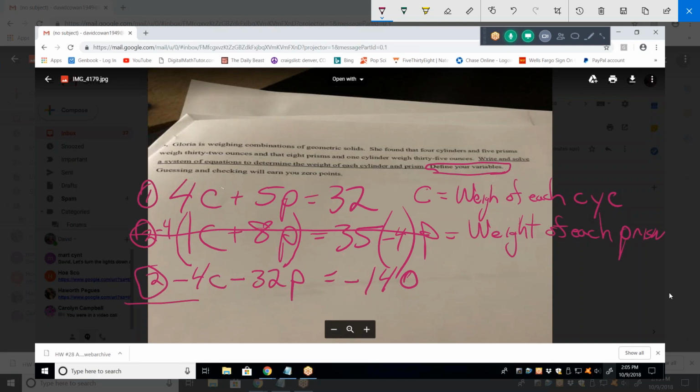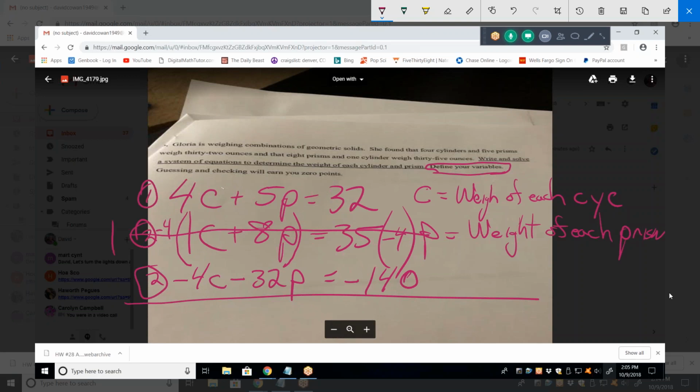And now I've got these two equations. Now, what do I have to do to eliminate a variable? You can eliminate the 4c's. By doing what? It's important that you understand what you're doing when you eliminate the 4c's.